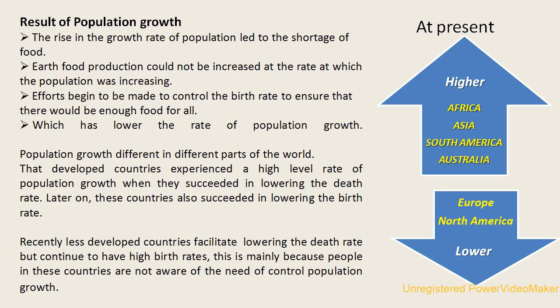But in India, people are not yet aware of the need of controlling the birth rate, or the need of controlling population growth. So the number of people in India is increasing day by day. There is a steady population increase in India.